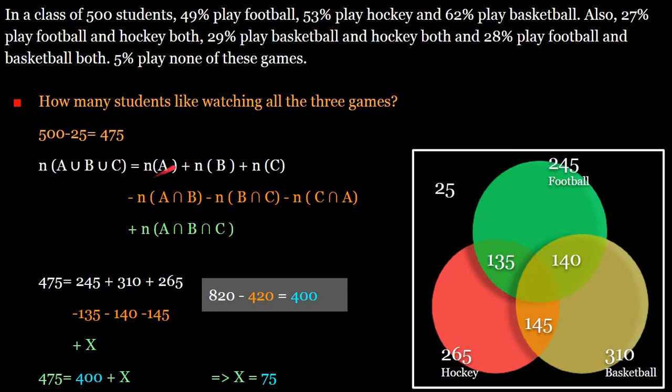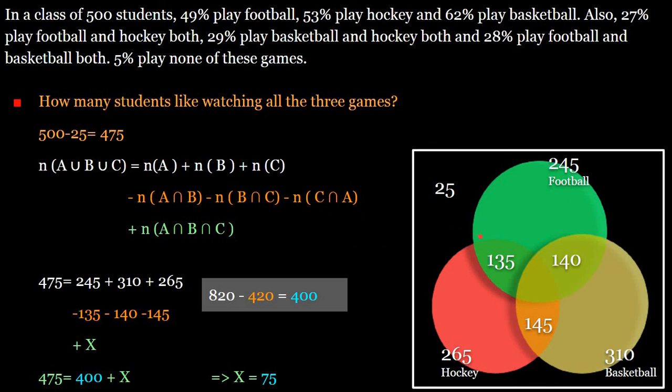In the first line we take the summation of the number of elements in each set, that is 245, then 310 and 265, which comes out to 820. In the next line I have written the common areas which we have to subtract because they are counted twice: the number of elements in the intersection of A and B, minus the number of elements in the intersection of B and C, and minus the number of elements in the intersection of C and A.